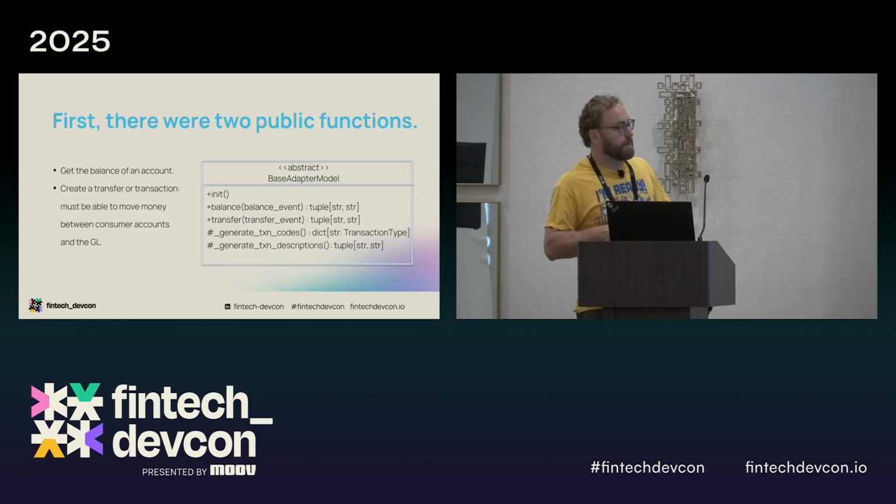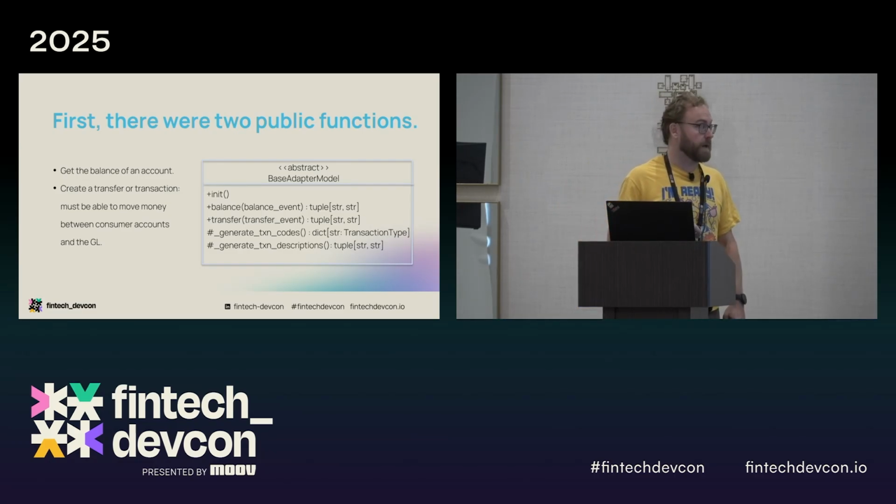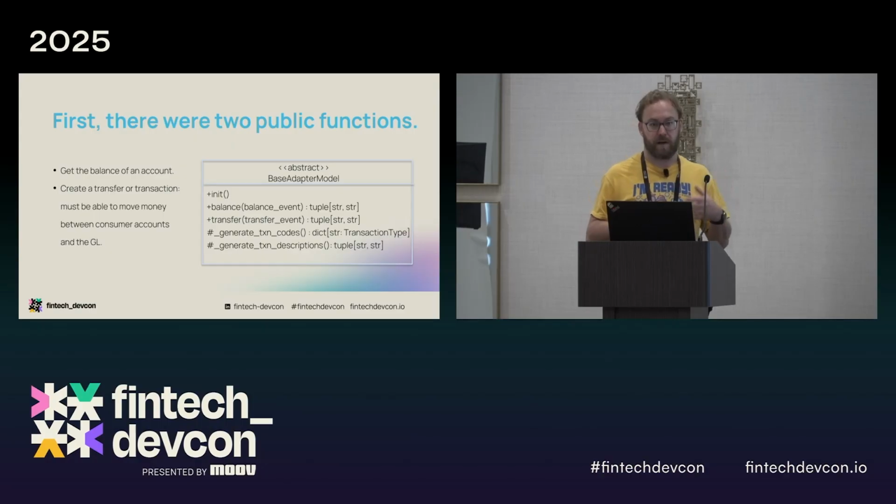The balance endpoint handler just calls model.balance and passes in that balance event. You inherit from this adapter model, and now you can build an adapter that the middleware can talk to without any extra information.